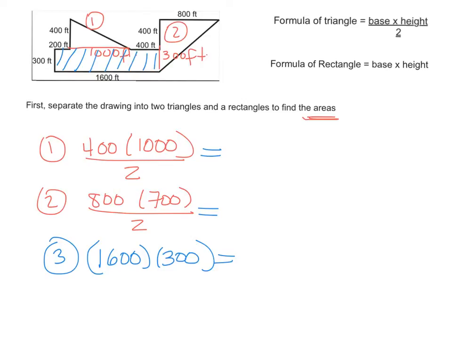Right now, I can say that 400 times 1,000, it's 4 with 5 zeros into 2, which is 2 with 5 zeros.